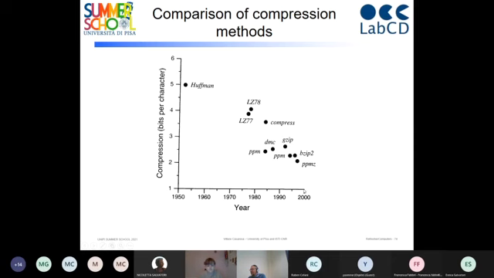But after 2000, there is no longer interest because the compressors have reached more or less the theoretical limit, which is 2.5 something if you want to compress an 8-bit character, below which you start losing information. You can mathematically prove that you will not be able to go below this compression rate. At some point you will start losing information.